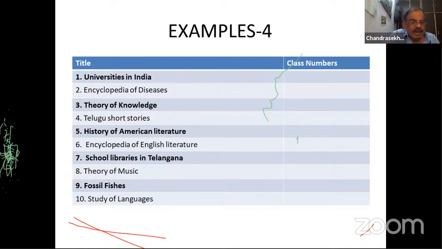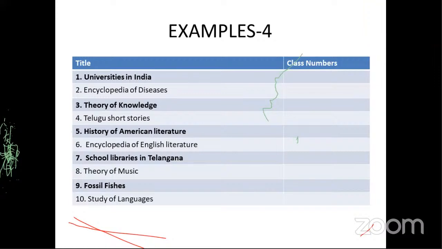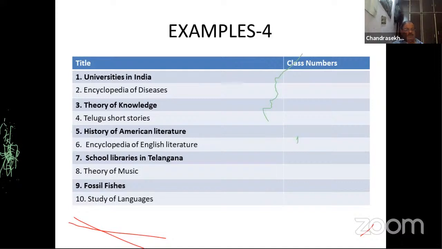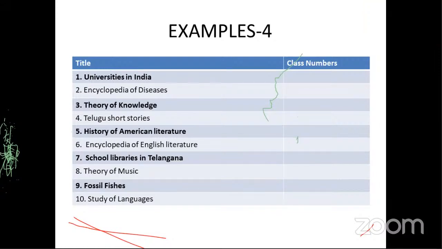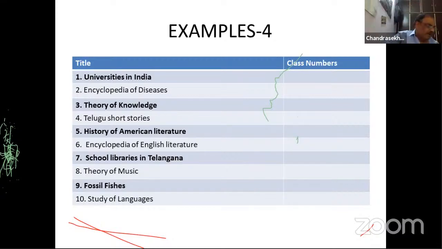School libraries in Telangana. Yesterday we discussed this. What is the number for school libraries? 027.8. Telangana is a geographical division from table 2: 5484.